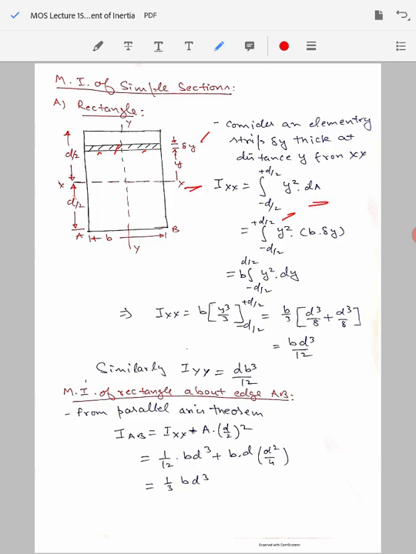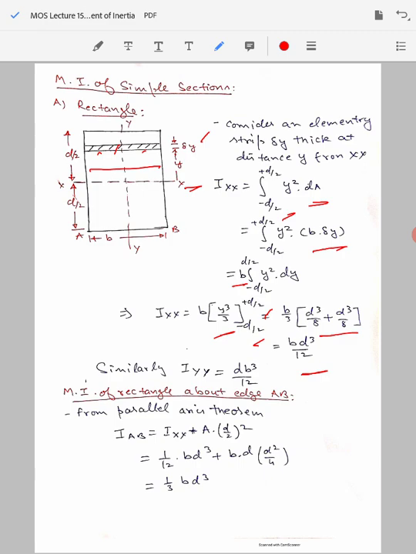Substituting, you finally get the moment of inertia about the x-axis for a rectangular section as 1 by 12 bd cube, or simply bd cube by 12.